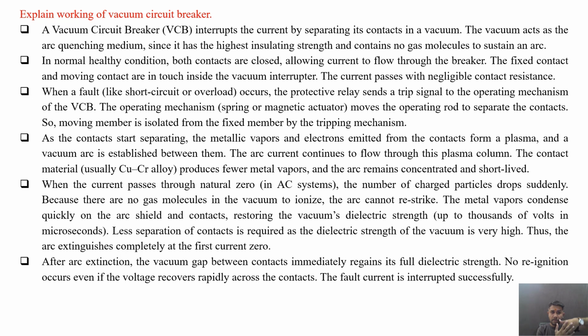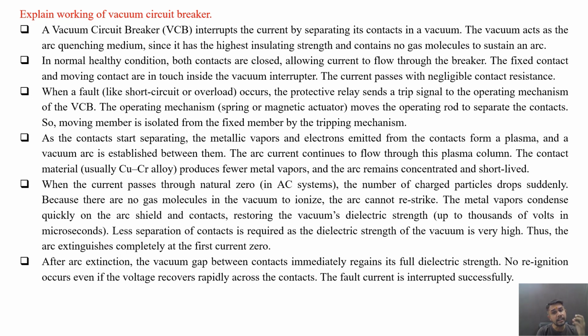So the moving member is isolated from the fixed member now by the tripping mechanism. Now as the contacts start separating, the metallic vapors and electrons emitted from the contacts form a plasma, and a vacuum arc is established in between them.